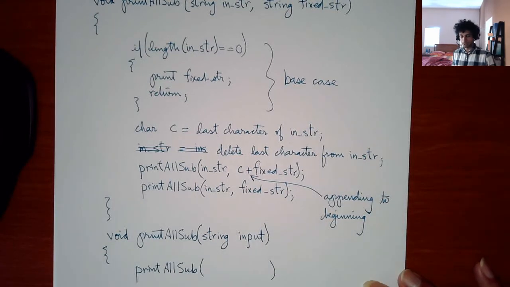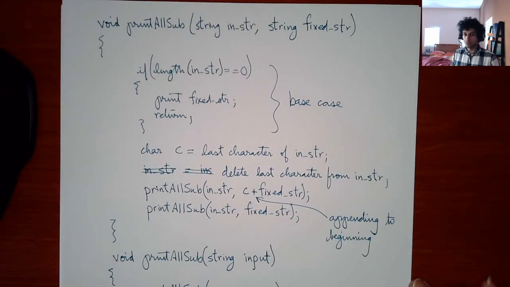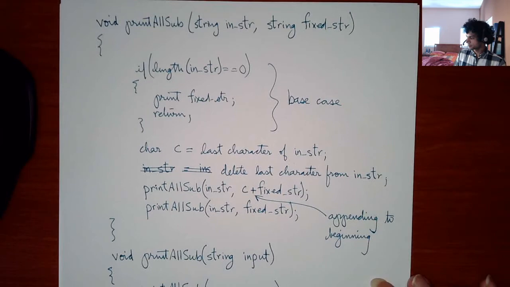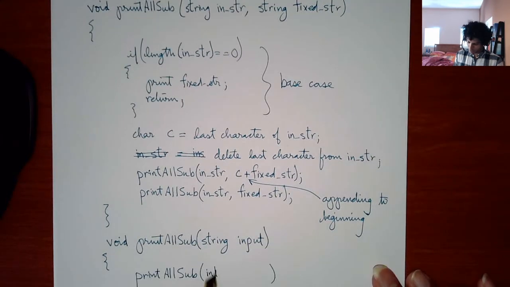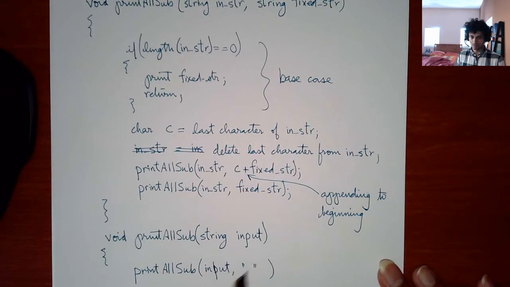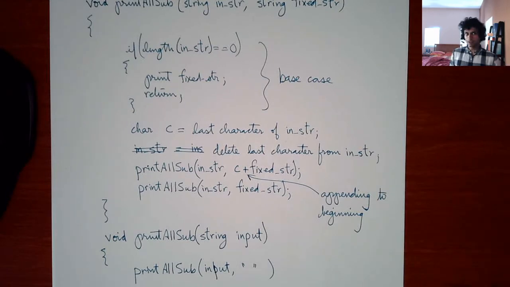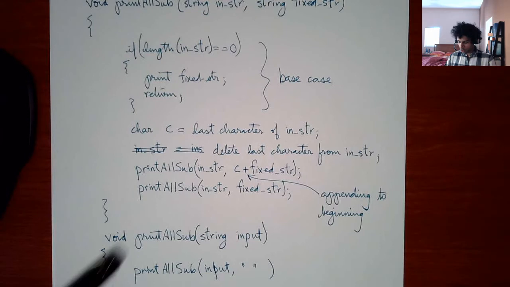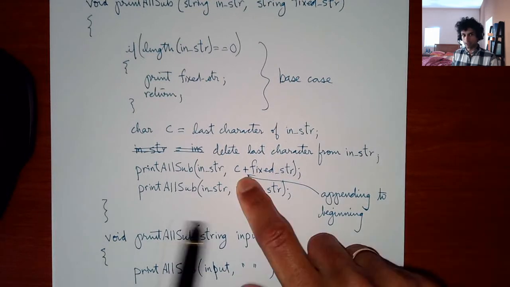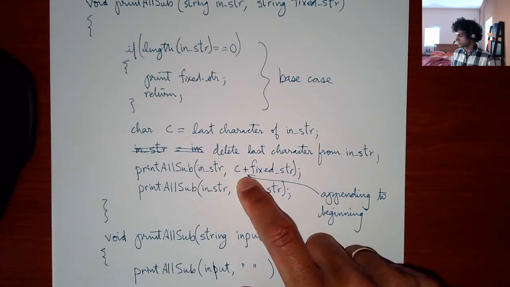Remember, I have to call this function. It has two arguments. What should the two arguments be? Input and an empty string. Exactly. So it's input and just the empty string. Is that what fixed means? Empty? No, fixed doesn't mean empty. Fixed starts off being empty, but during the recursive calls, it starts accumulating more and more characters.